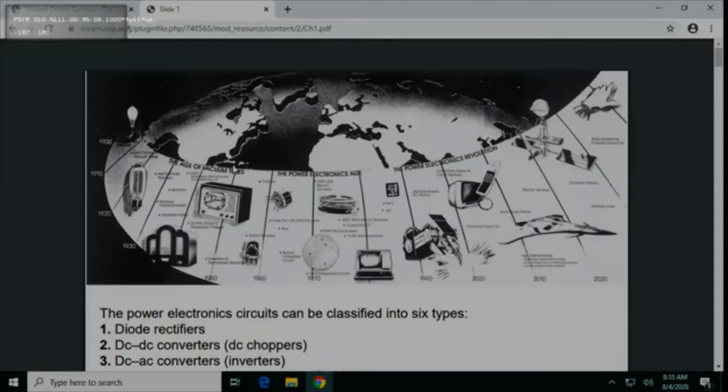Why is this? In any power conversion process, such as that we have seen before, we need to have small power loss. How do we have small power loss? If we have high efficiency. We need high efficiency to have less power loss.